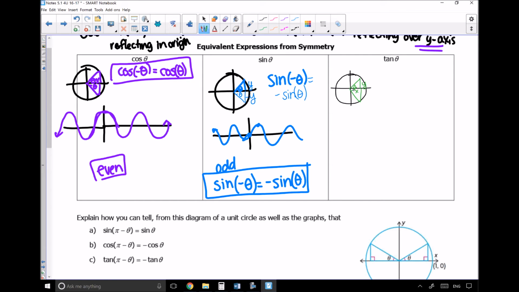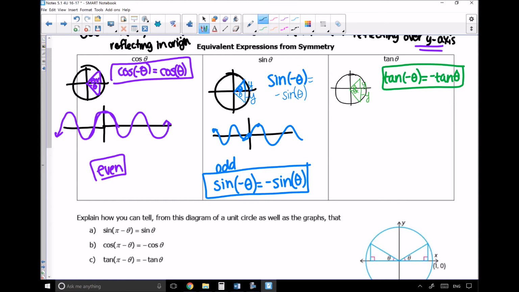Over here, this is negative theta, and this is negative y over x. So they're opposite signs of each other. So I can say that the tangent of negative theta is going to equal negative tangent of theta, and that's an important identity to remember as well.